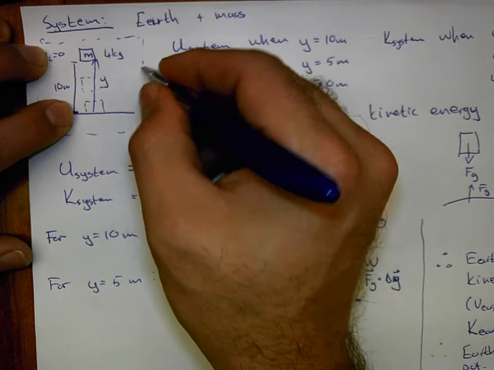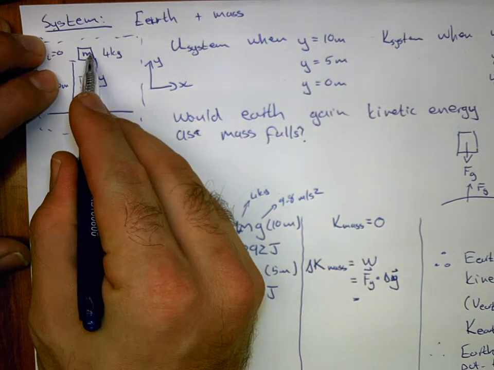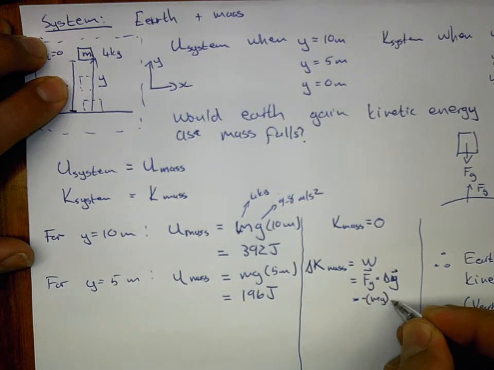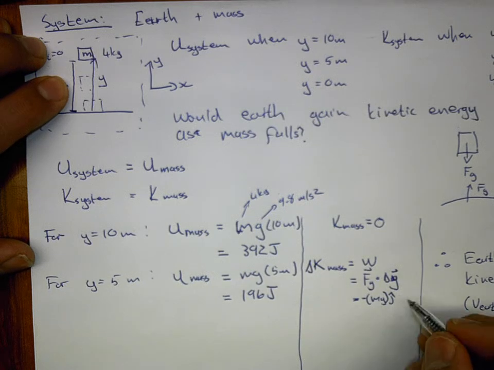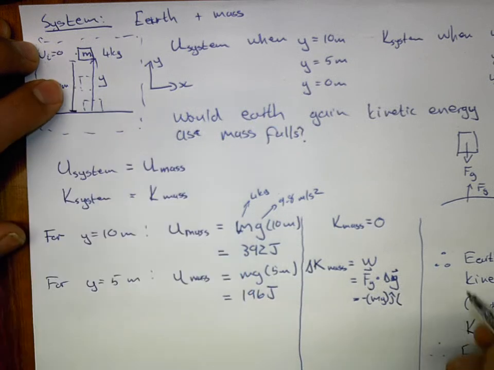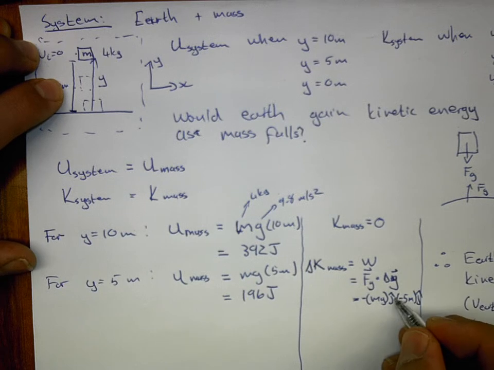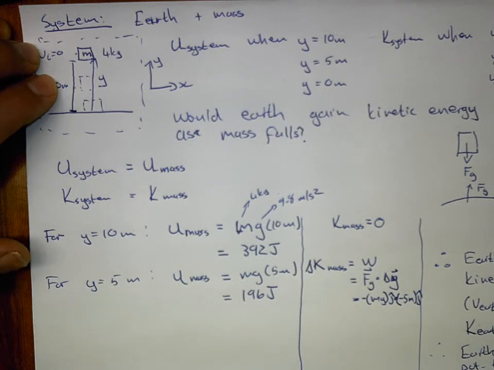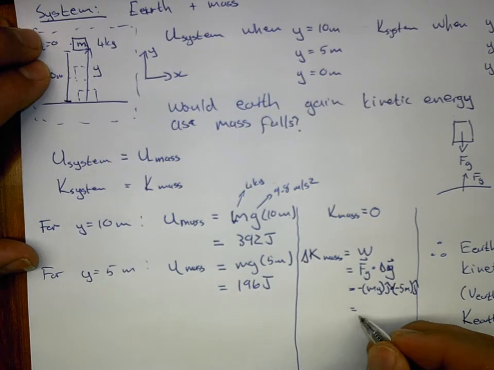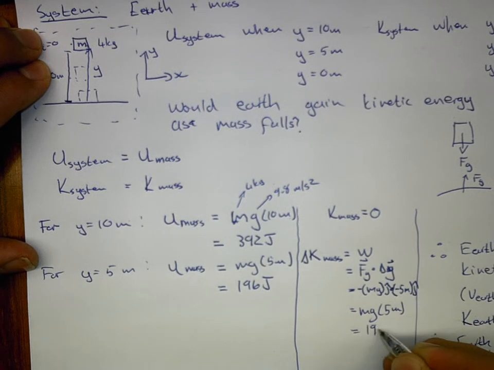Now if I set up an x-y axis like this, the force weight will point downwards, so I get negative m times g in the y direction, and my displacement would also be downwards because it starts from there and ends up there, so it's negative 5 meters also in the j direction, dot in between them, because I end up 5 meters below where the mass started. And this is just then mg times 5 meters, which is 196 joules.